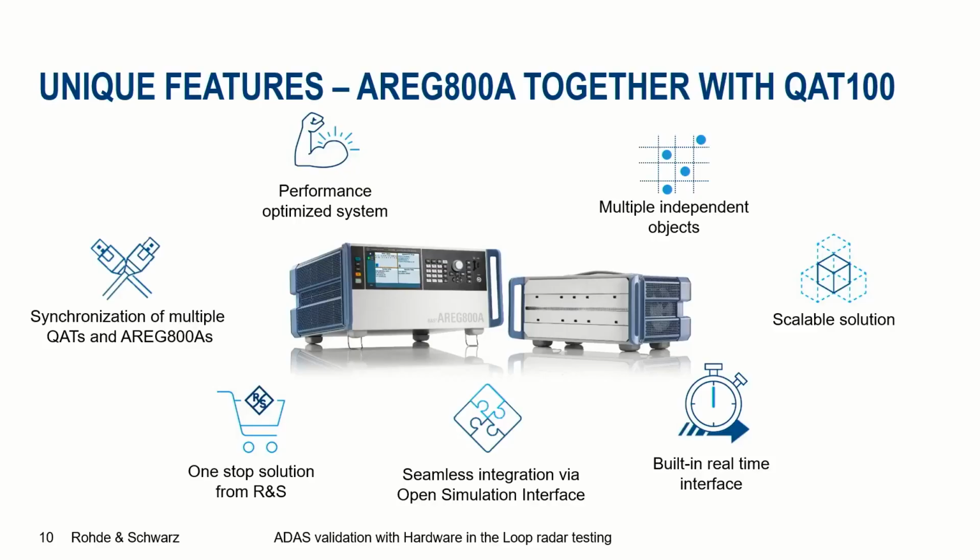And as shown before, you can scale the system up. For example, if you want to extend the field of view where you want to be able to generate artificial objects, or if you want to test more than just one radar sensor at one point in time, you can add more QAT100 advanced antenna arrays.